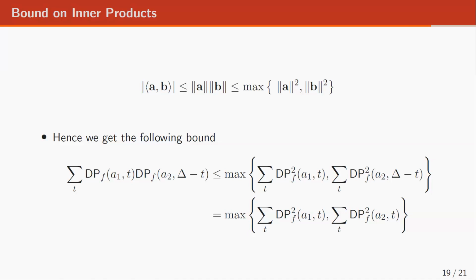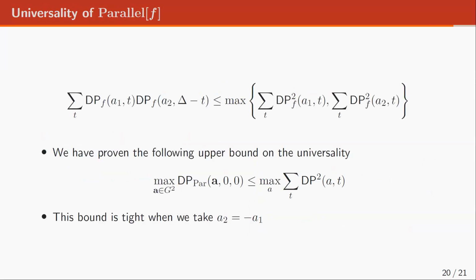Here we have this delta, but since we're summing over all t, it doesn't matter, so we can take it out and we get this expression. But if we want the maximum, then the value A1 or A2 doesn't matter either.